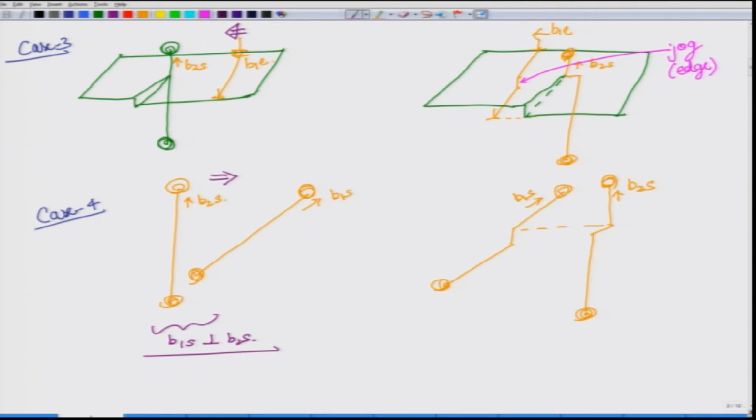What about this screw dislocation? This is where, when I said that it depends on where I am drawing this ledge. Now, the way I drew this ledge, it means that this is the slip plane for this.